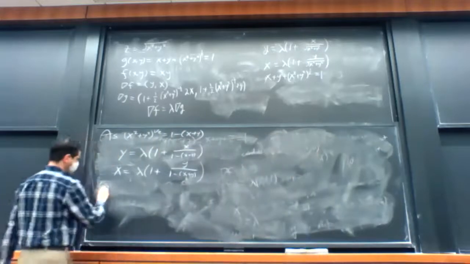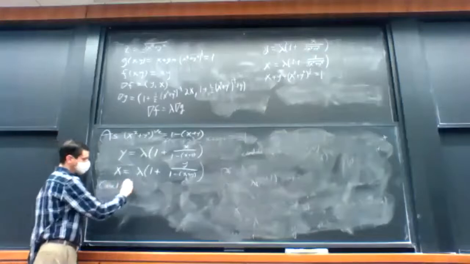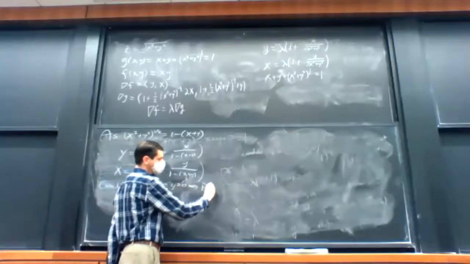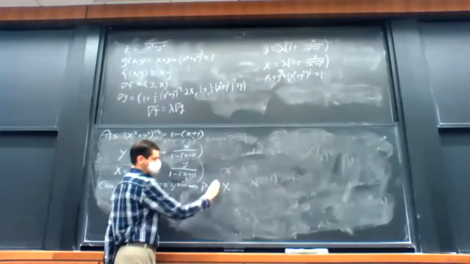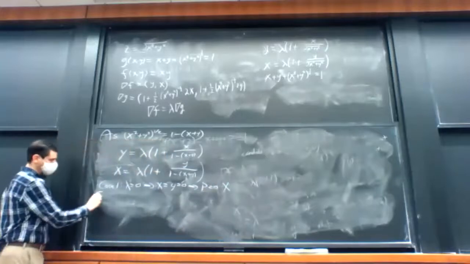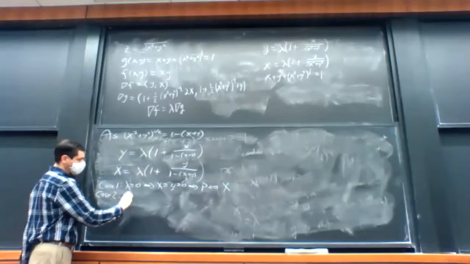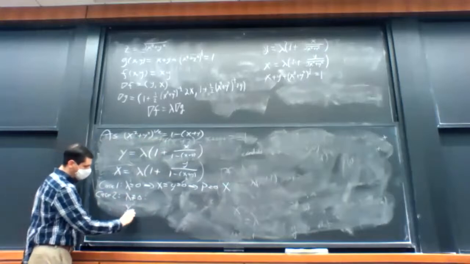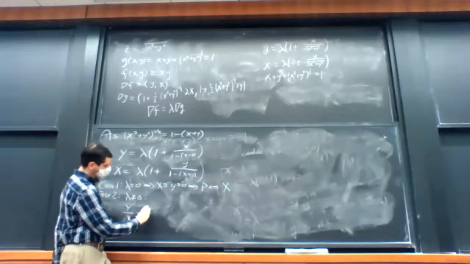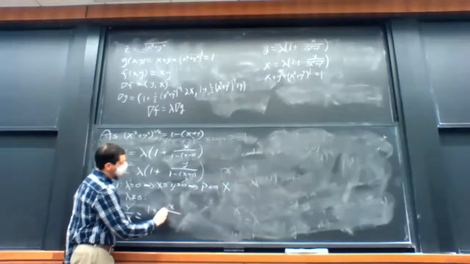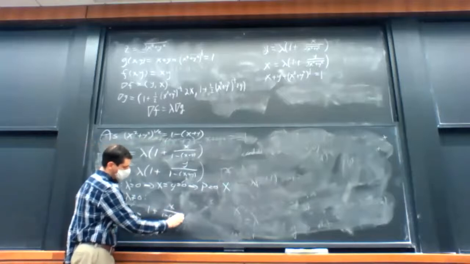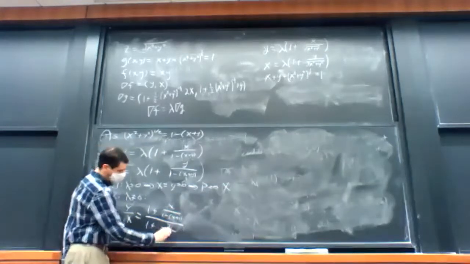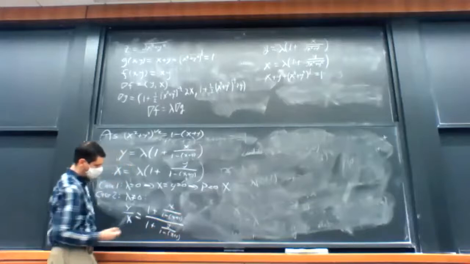So case 1, lambda equals 0, that implies x equals y equals 0, which implies the perimeter equals 0, which can't happen. So case 2, lambda does not equal 0, and then if we take ratios, we get y over x equals (1 plus x over 1 minus x plus y) over (1 plus y over 1 minus x plus y).